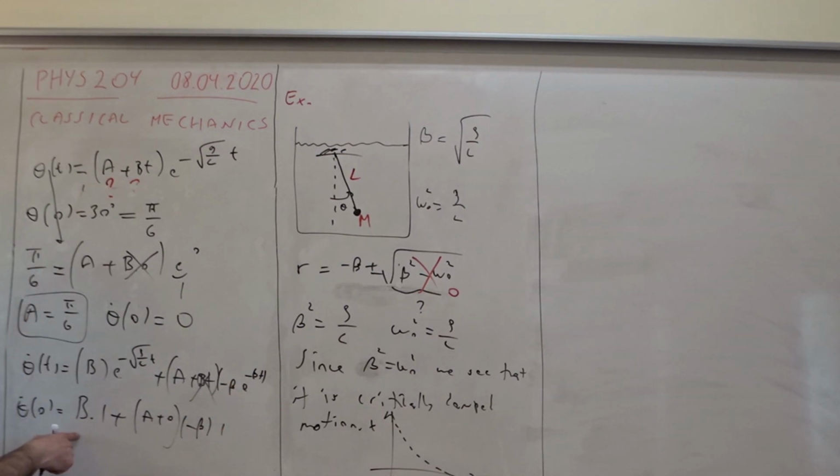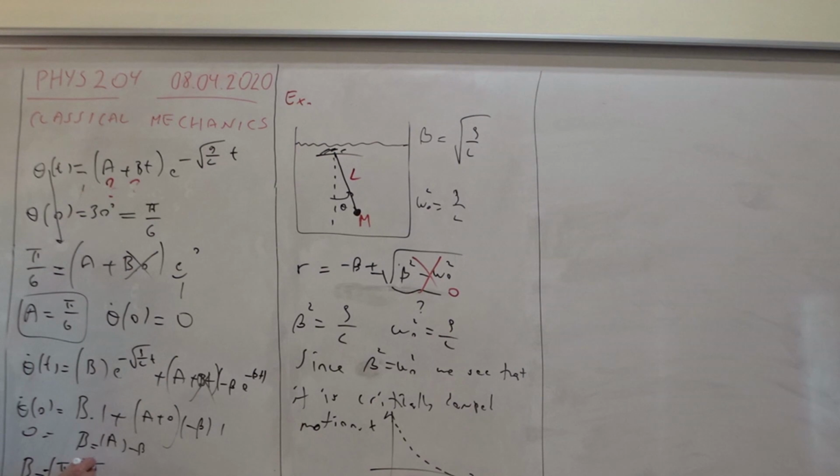B is now found, so the other part is 0. So b is easily calculated. It is a times minus beta. So we understand that b has to be pi over 6 also, but multiplied by beta. What is beta?